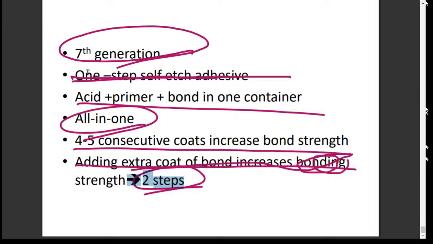And here we have only 1 step of this 7th generation, without the addition of the second step.